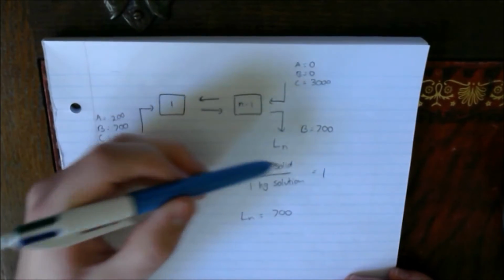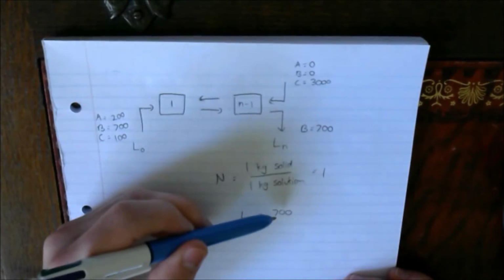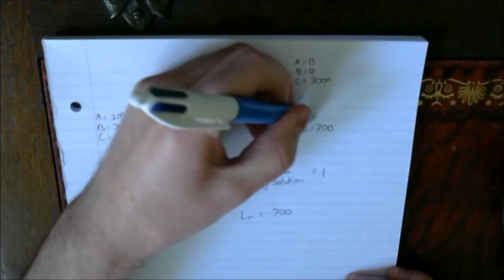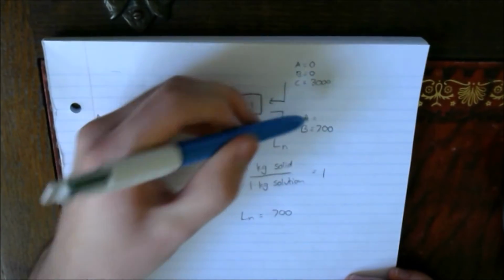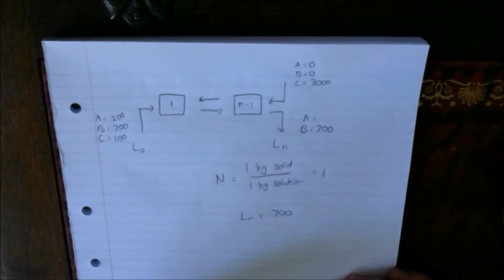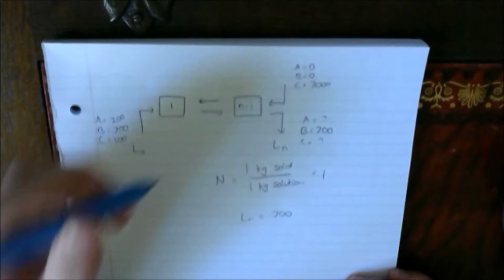For every kilogram of solid, we've got 1 kilogram of solution. So that's going to consist of some copper ore as well as some water. So we need to figure out the concentrations of those. So for now we don't know A and C in that stream.